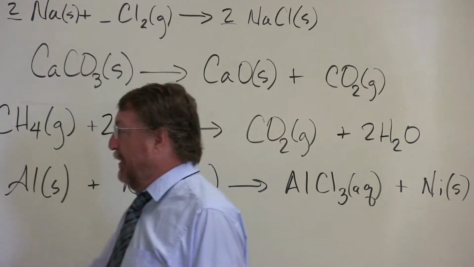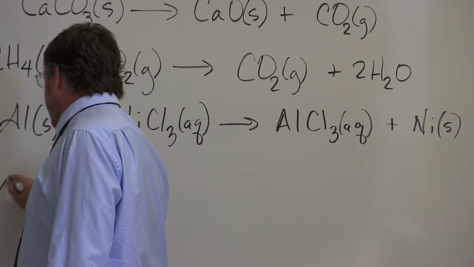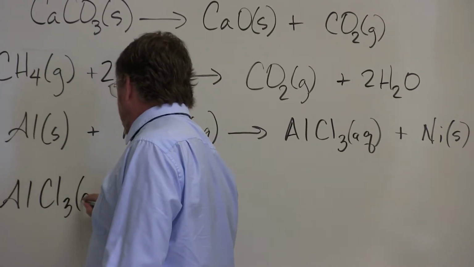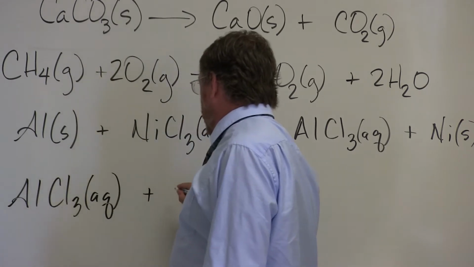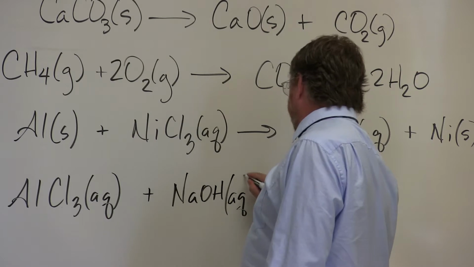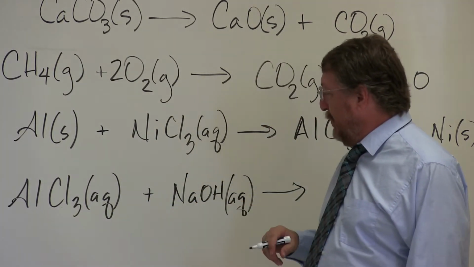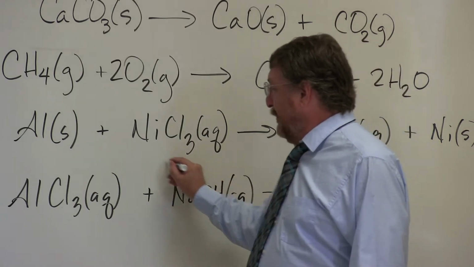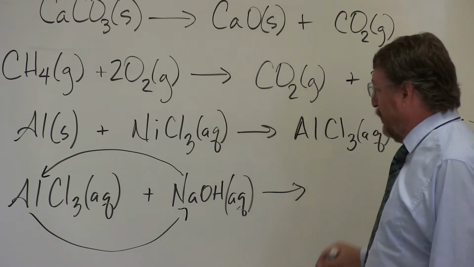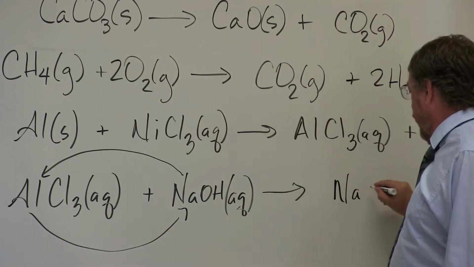The last type is going to be double replacement. Double replacement, here we can have, okay, so I've got aluminum chloride and sodium hydroxide mixed. Then the sodium and the aluminum are going to switch. Sodium chloride is going to result. Notice, our compound is NaCl, not NaCl3.